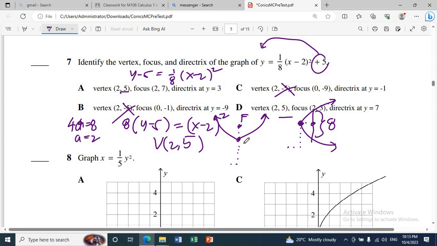So if vertex is 2, 5, therefore focus is still 2, but 7. 2, 7. So this is correct. Then directrix is going down 2 units, 1, 2. The name of this line is y equals 3. So number 7 is letter A.